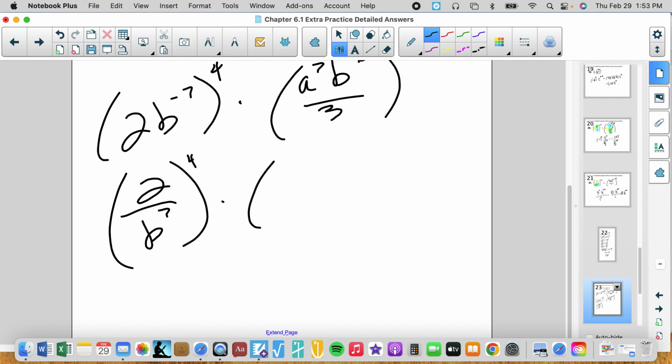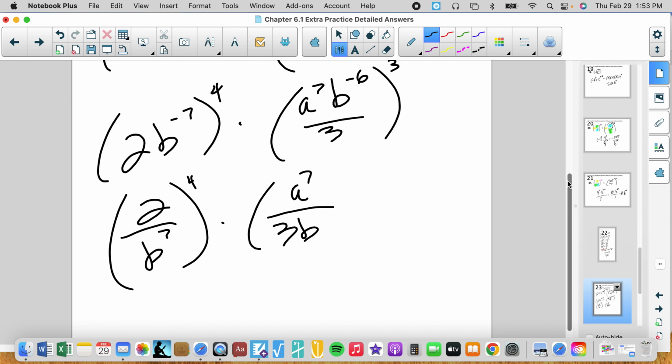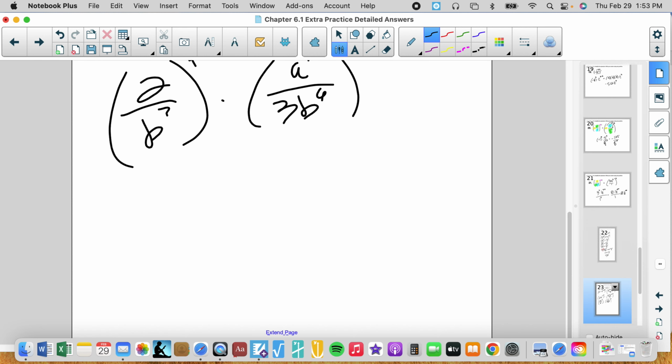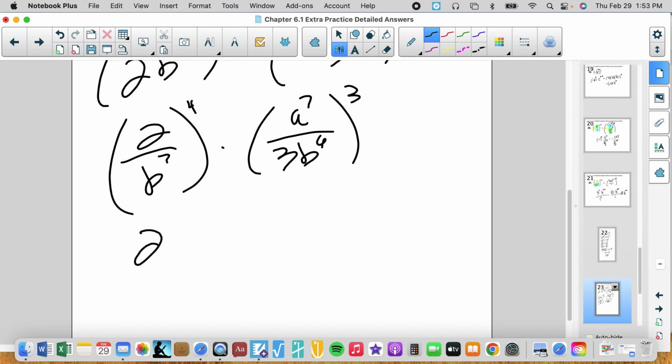I'm going to write this as a to the 7th over 3b to the 6th, to the third. And now I'm going to distribute it out. 2 to the 4th, b to the 7 times 4, a to the 7 times 3 over 3 to the third, b to the 6 times 3.